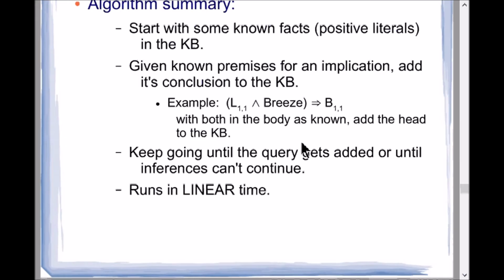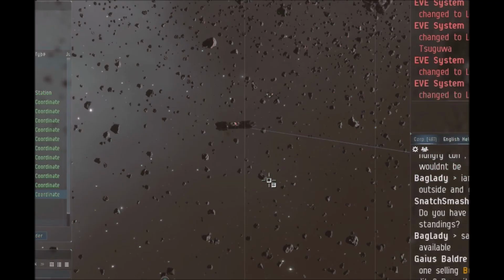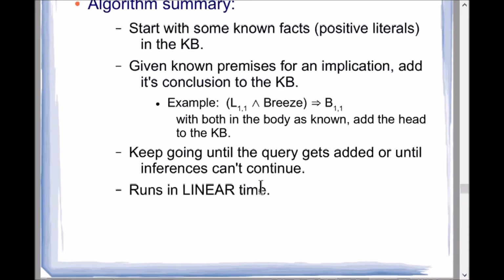You're trying to find out if that is going to be entailed by a knowledge base that has a bunch of definite clauses in it. So let's say that your knowledge base has got some known facts. You start off with those.